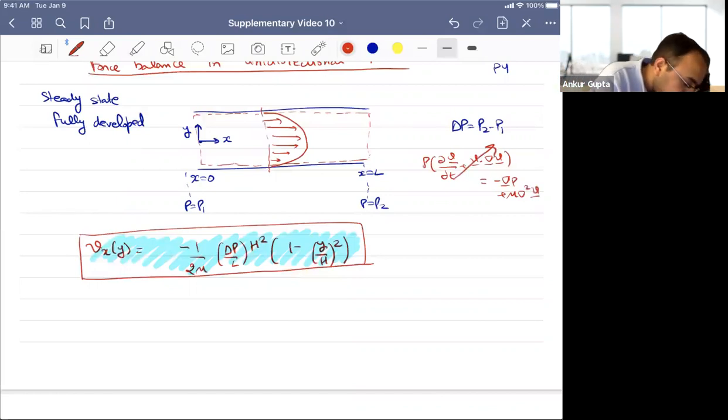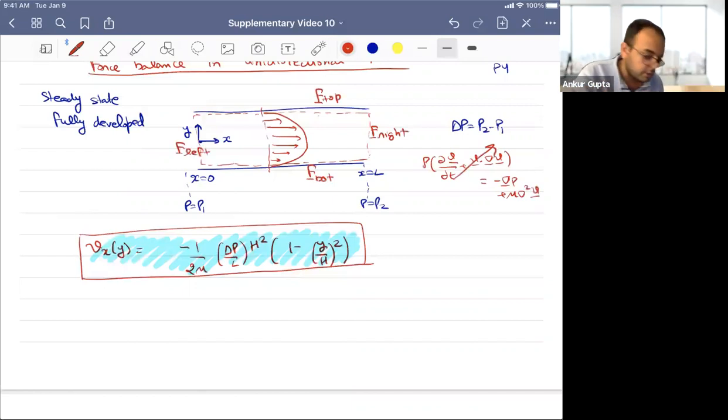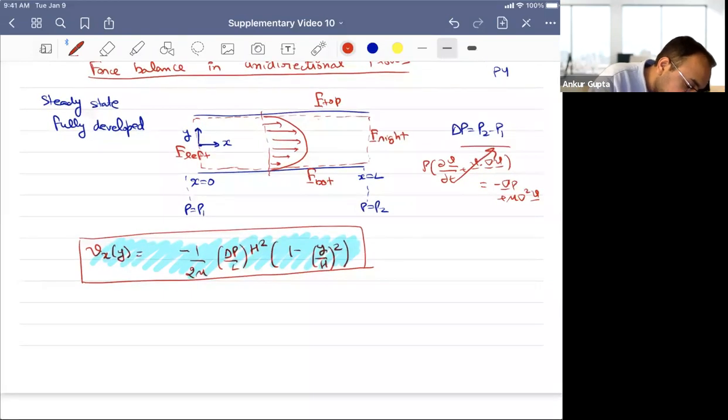So let's say the force on this surface is F top, F bottom, F right, and F left. I hope it first makes sense why we are saying the force is zero: the flow is steady state and v dot del v is exactly zero. We showed this in class.